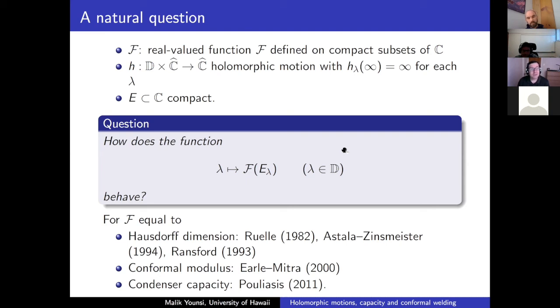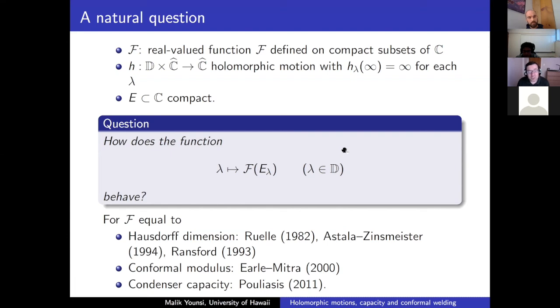Yeah, so for analytic capacity, I think it's always upper semi-continuous because there's a result about the analytic capacity of a decreasing sequence of sets, and I think you can see from this that it's always upper semi-continuous. So the example we constructed is not lower semi-continuous.